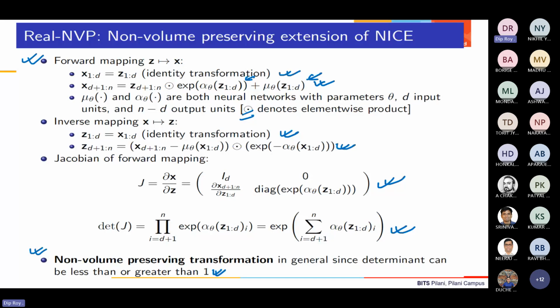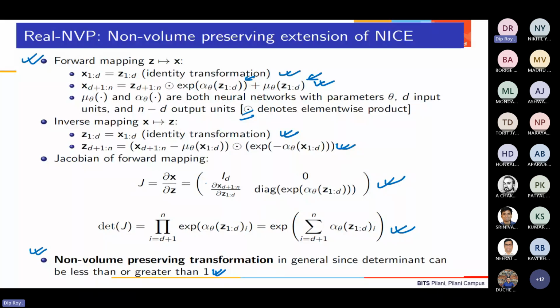So the only thing is that we have changed the architecture a little bit. Earlier we were just shifting, now we are shifting and scaling. And in the process, this is essentially an invertible neural network.